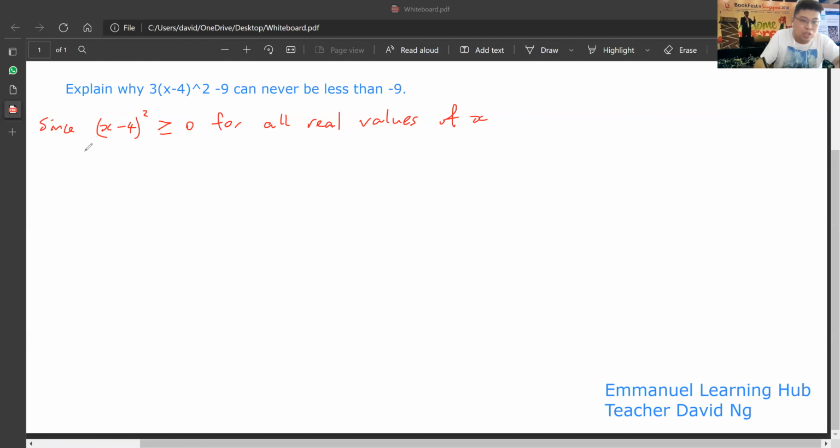So since this value here is always greater than or equal to 0, and the minimum value it can go is 0, the minimum value of 3(x minus 4) squared minus 9 will be minus 9.